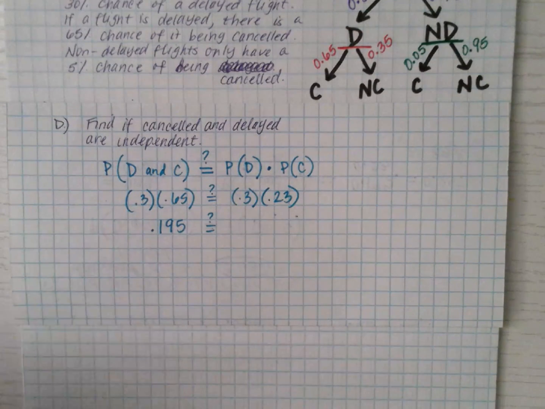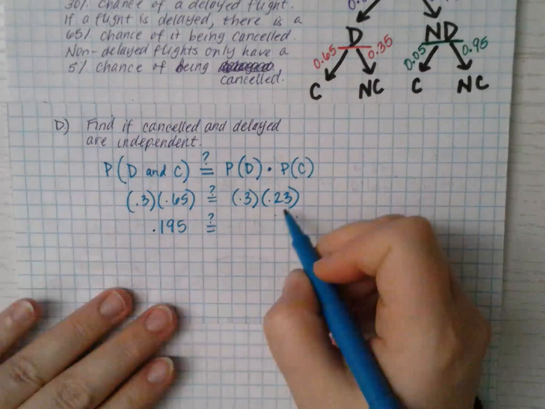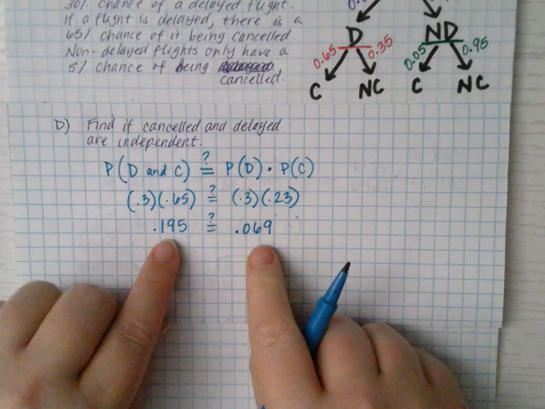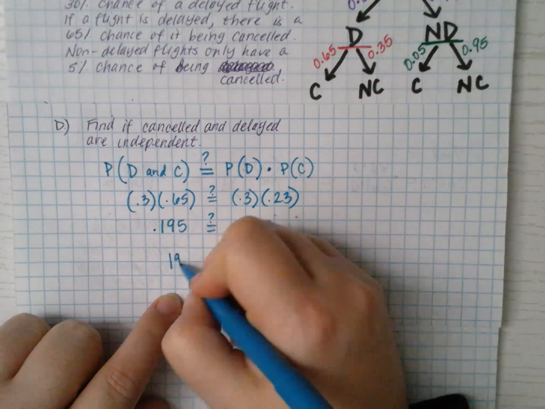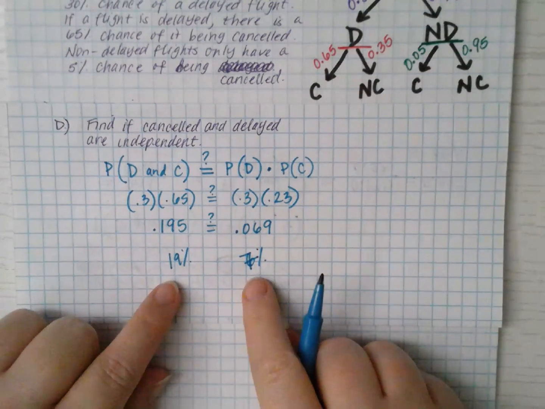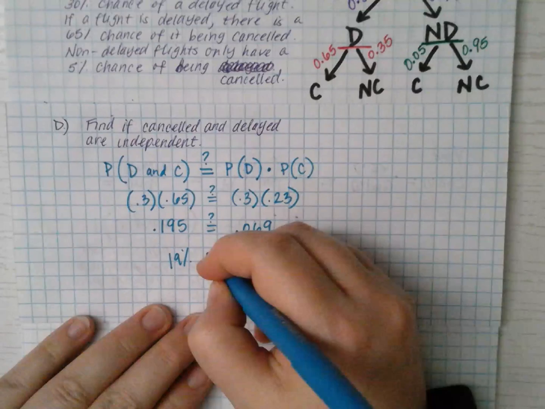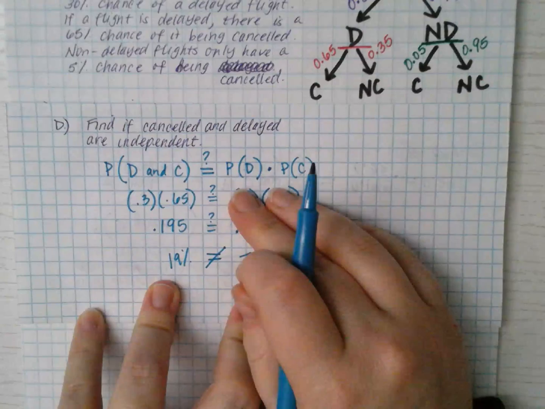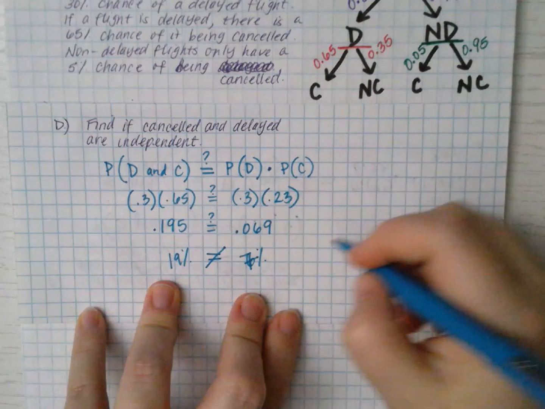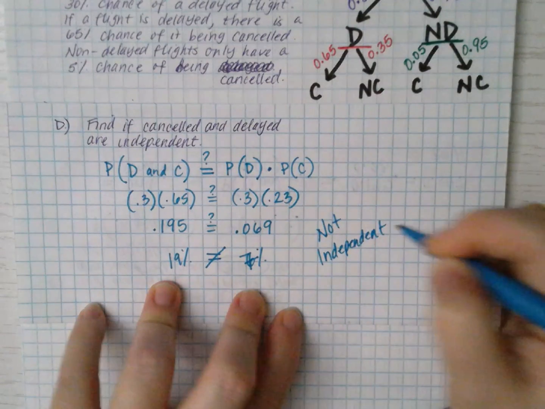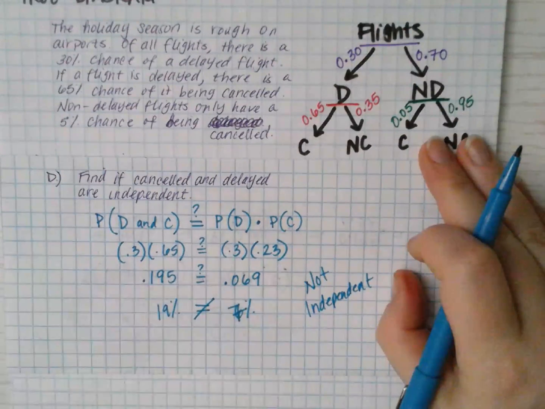Those numbers seem a bit off, but we are going to just verify it. 0.3 and 0.23 gives me a 0.069. If I look at these numbers, 19% and 6% or even 7%, those are very far off. I would say those are not equal or not close enough, which means that being delayed and being canceled are not independent. And that's how we can use a tree diagram with decimals to answer those questions.